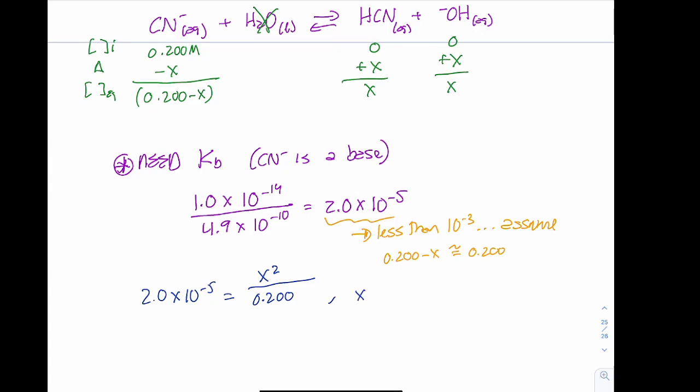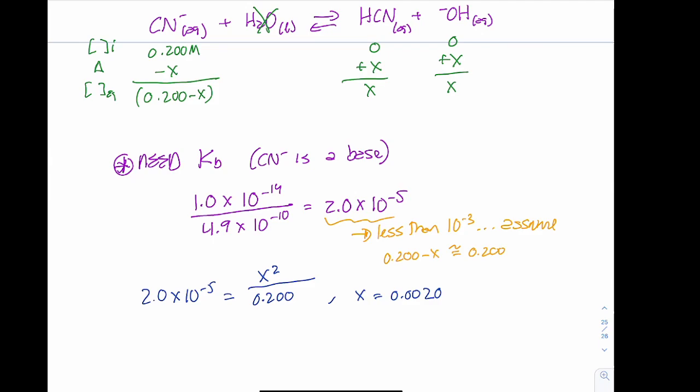I'm going to solve for x, so I'm grabbing my calculator. And I'm going to double check my work. And I got 0.0020. Right, I do want two significant digits.